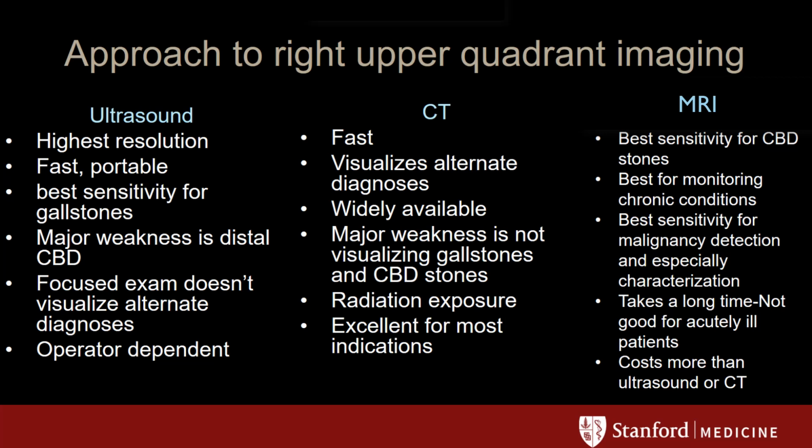We just have a lot more tools with MRI to characterize tissues. Of course, this takes a long time. Sometimes our exams, even short ones, are like a minimum of 20 minutes. Sometimes they go to an hour. And so if somebody's got suppurative cholangitis and unstable, you don't want to send them to the MRI scanner. And then the cost is more than the other two modalities.